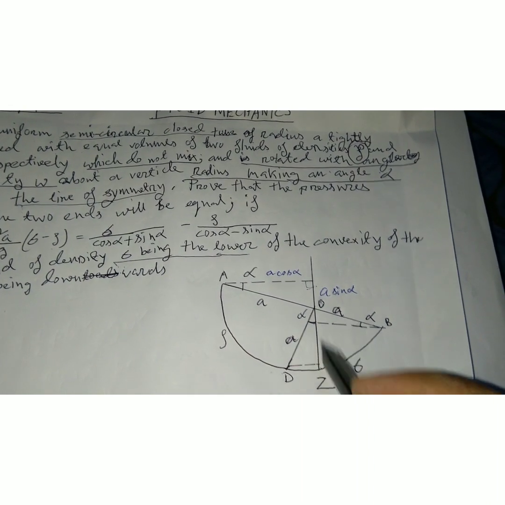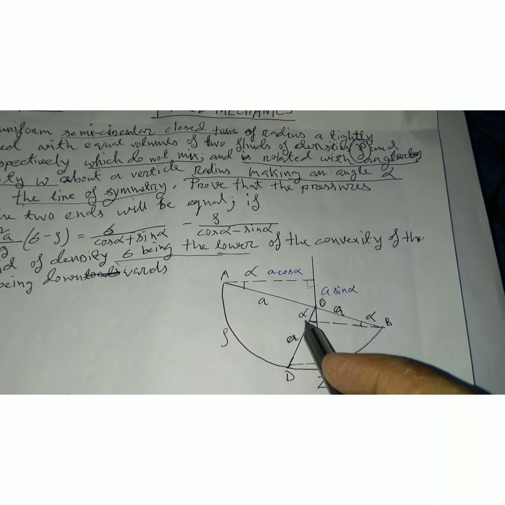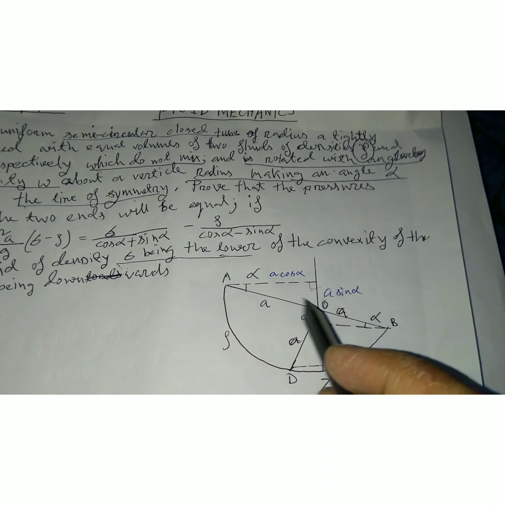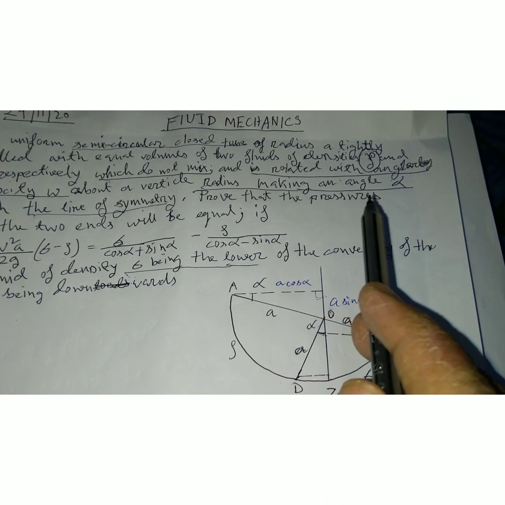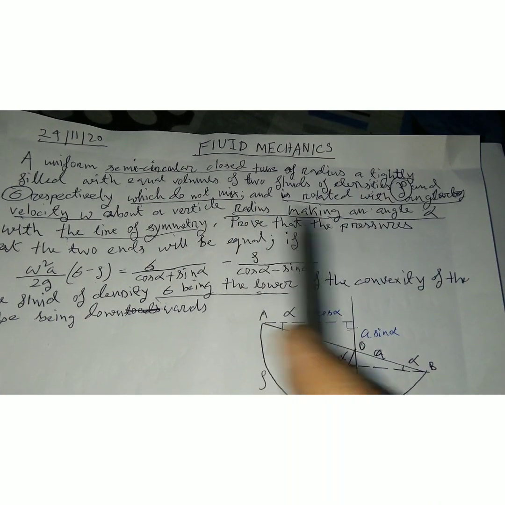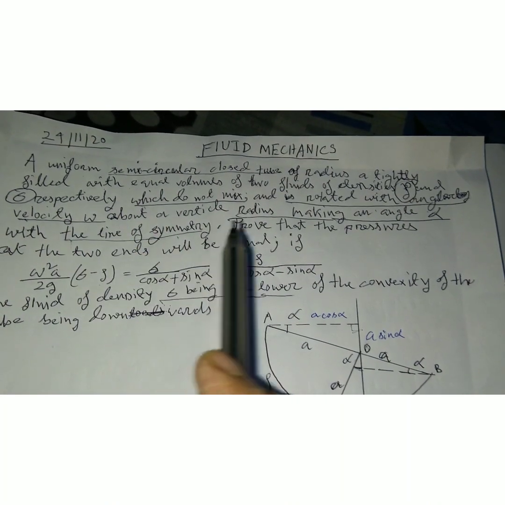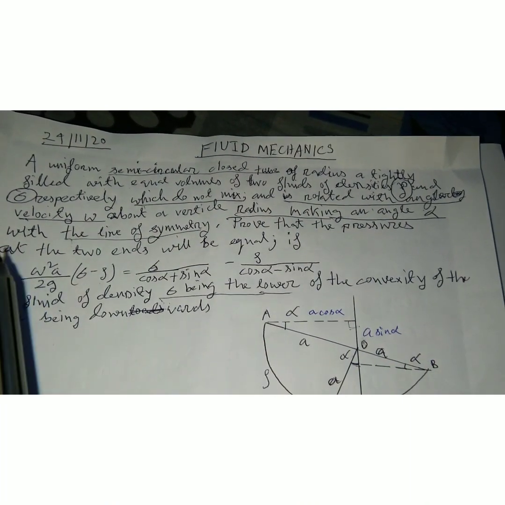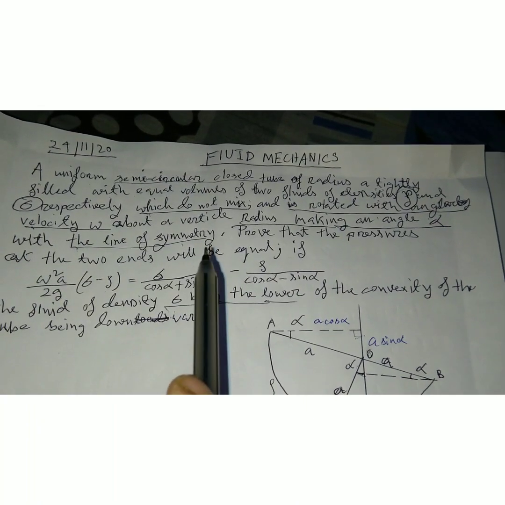This is the axis OZ, and this is OA, the radius, which makes an angle alpha. The rotation is with angular velocity omega about a vertical radius making an angle alpha with the line of symmetry. This is the line of symmetry.